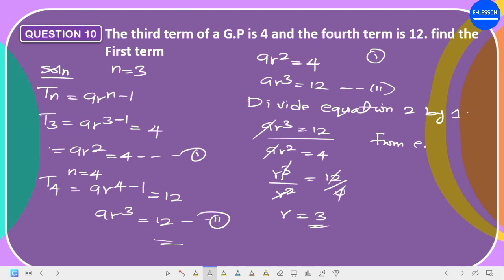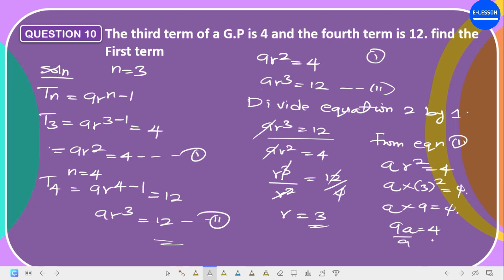Now, if the common ratio is 3, from any of the equations, let's take equation 1, ar^2 is equal to 4. Your a is what you are looking for, your r is 3. So a times 3 squared is 4, which gives a times 9 is equal to 4.